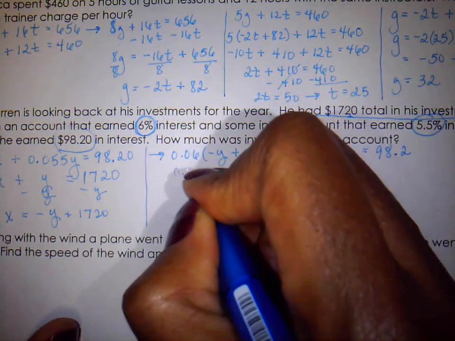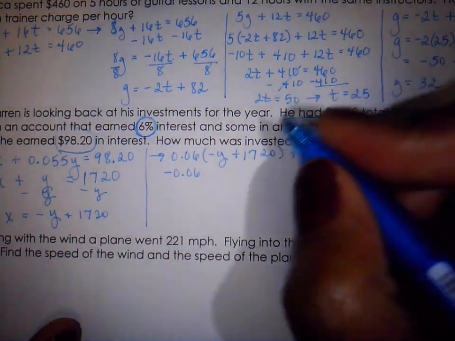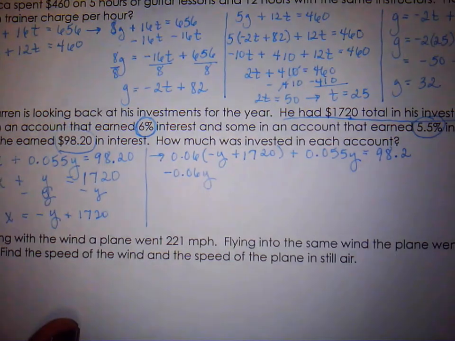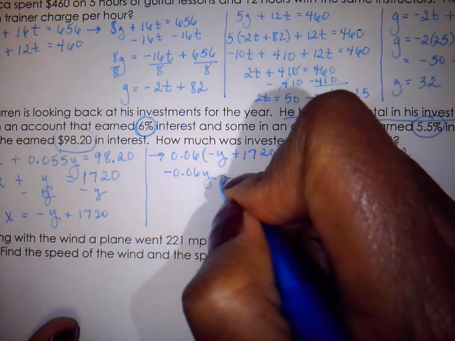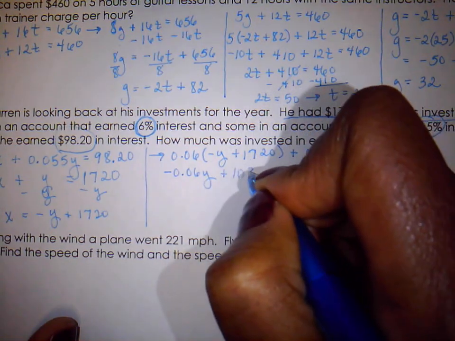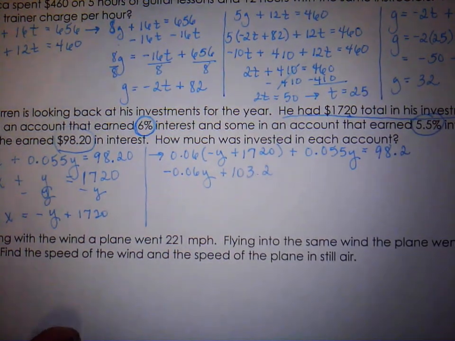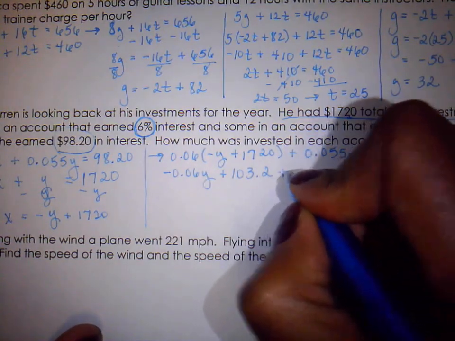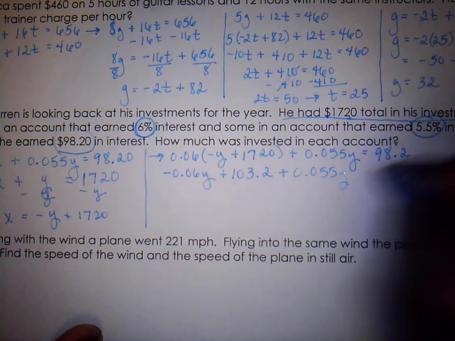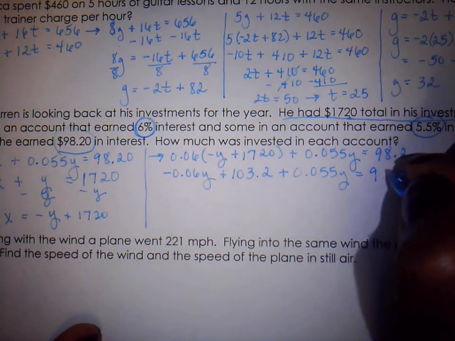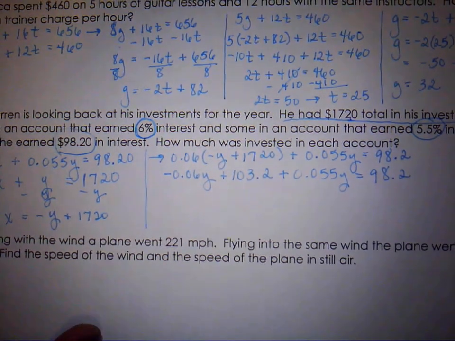Then I have negative 0.06y plus 103.2 plus 0.055y equals 98.2.